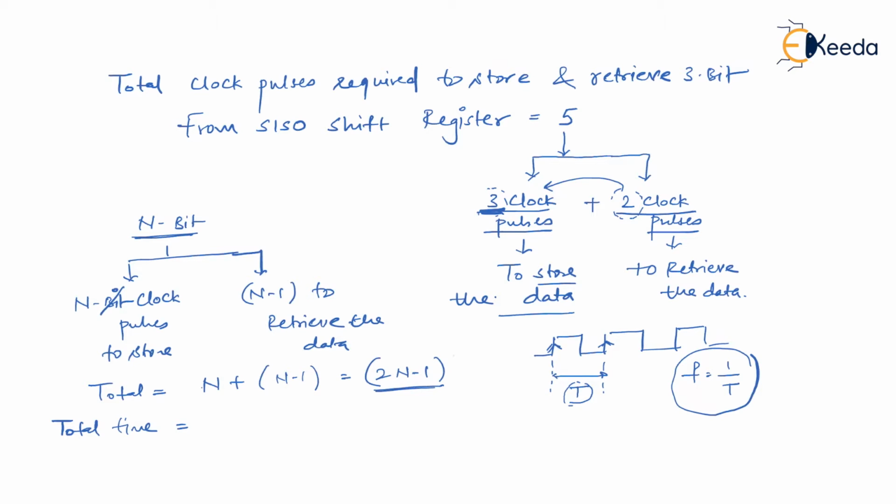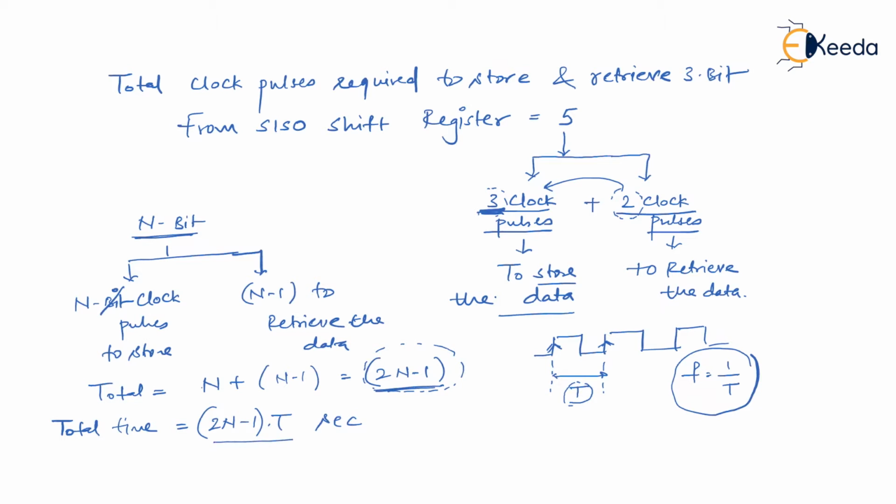Here the number of clock pulses that you need is 2n minus 1. So obviously when 1 clock pulse width is T, for 2n minus 1 clock pulses you require a total time equal to 2n minus 1 multiplied by T seconds. I hope you understand my point.